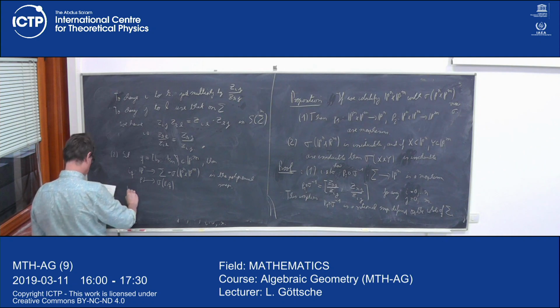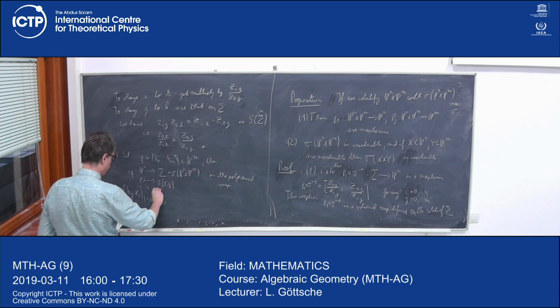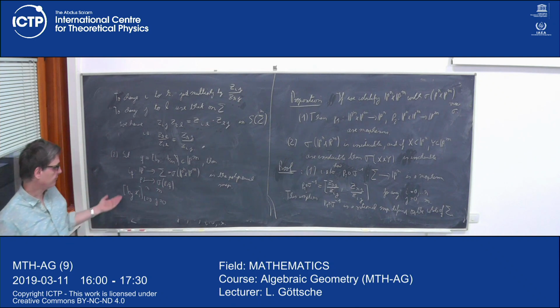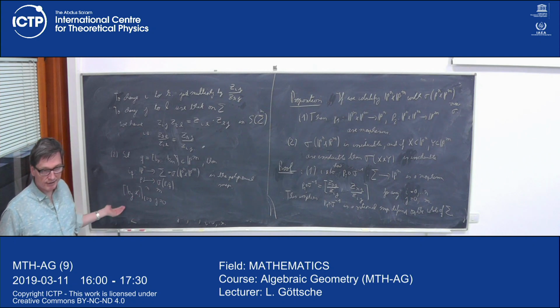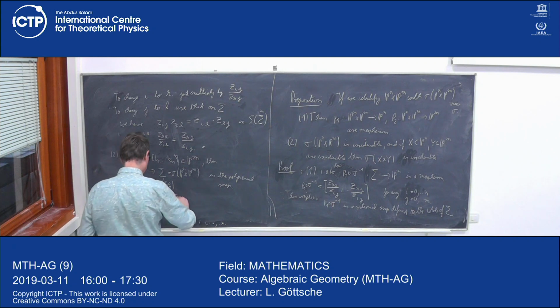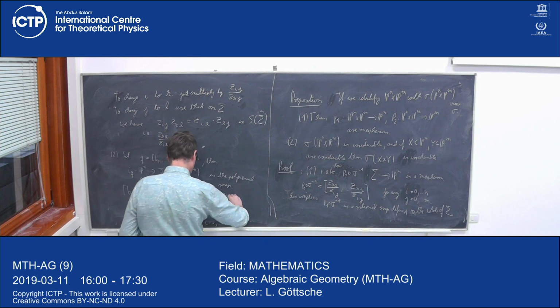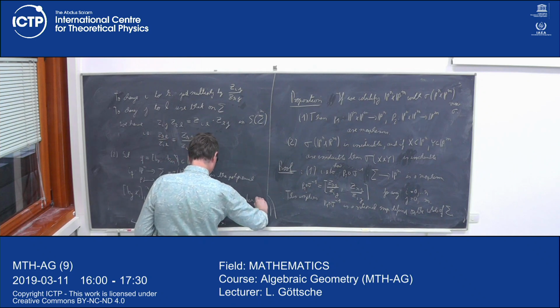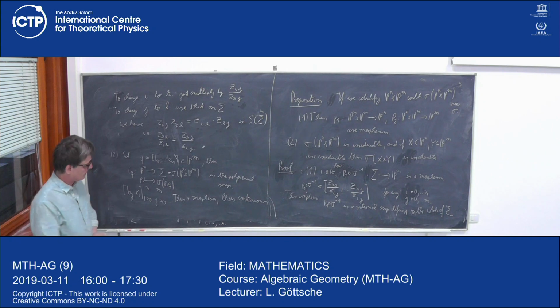I could just say it's given by xi times qj, i from 0 to n, j from 0 to m. After all, you send something to all possible products. And so this is a polynomial map, therefore it defines a morphism. Thus the morphism is continuous in the Zariski topology.